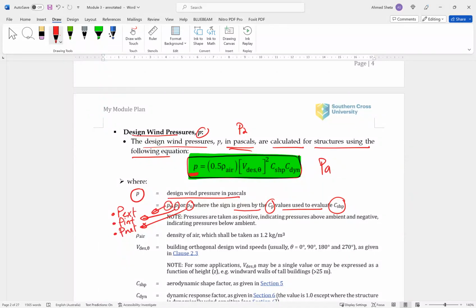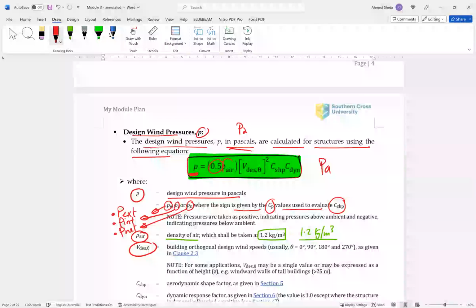The next parameter is rho air. Rho air is the density of air, which can be taken as 1.2 kilogram per cubic meter.